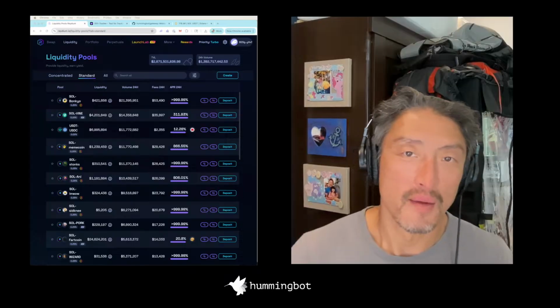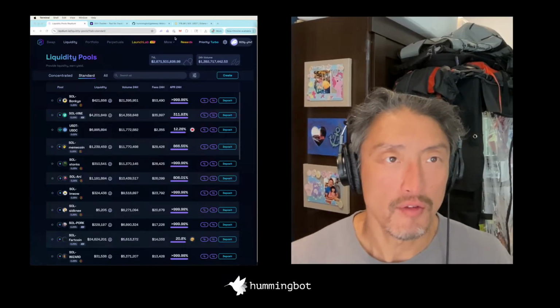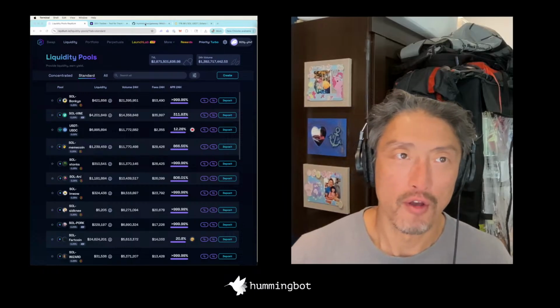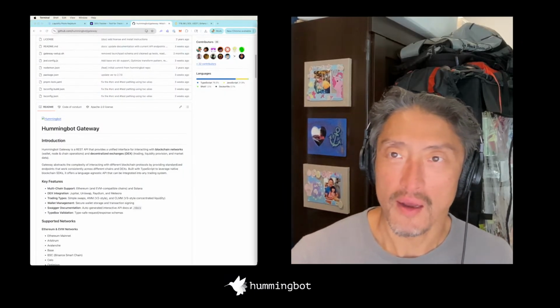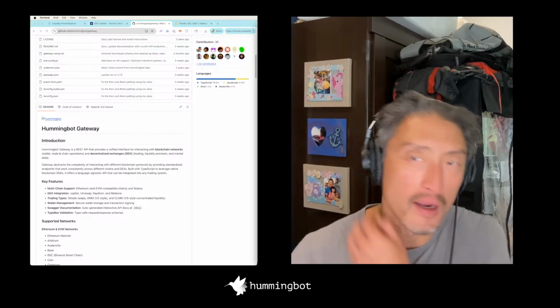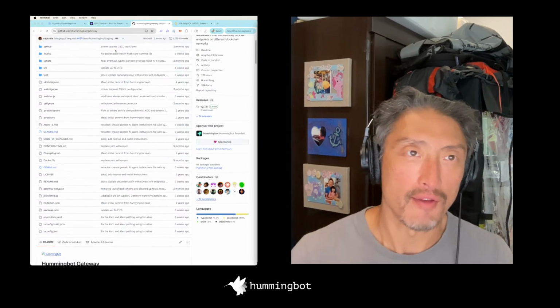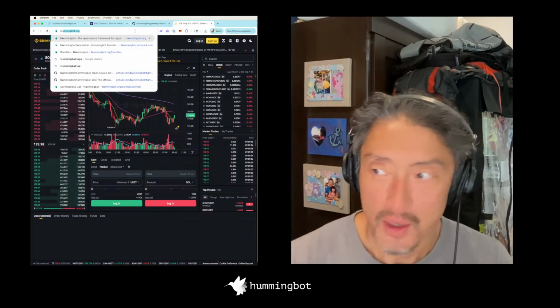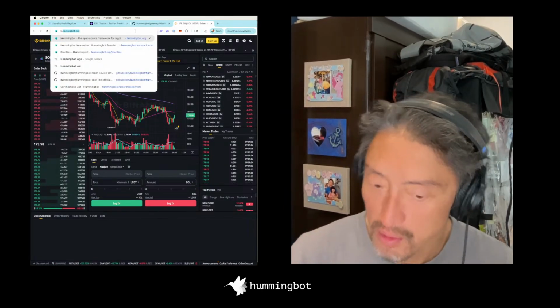That's fine. Okay, so now let's move on to actually installing Gateway and using it with Hummingbot. On one side, I've installed the Hummingbot 2.8 branch that has the Gateway.